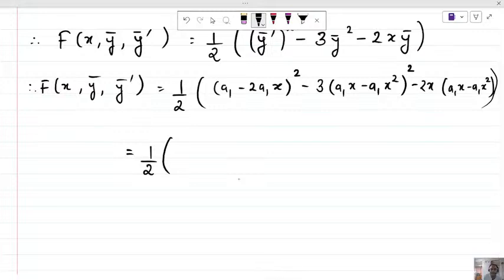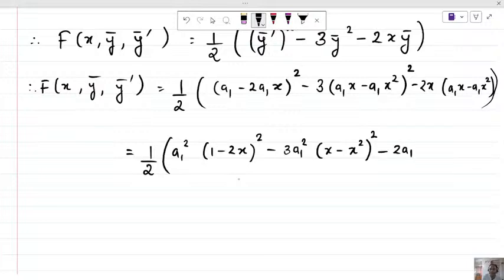Here I get a1 square times 1 minus 2x the whole square, right? That's what I will get. Then I can take a1 square outside and get x minus x square the whole square inside the bracket, and here I'll take 2a1 out, and I will have inside x square minus x cube. This is what I will get.